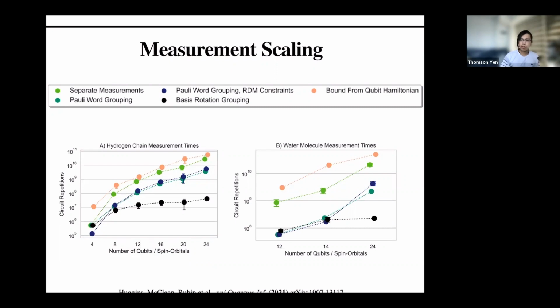But if you were to use VQE and use the most naive measurement scheme that we talked about earlier, on this graph they would be the green circles. That would need like 10 to the 9 circuit repetitions. So 10 to the 9 here, 10 to the 9 here, just to get one expectation value of the Hamiltonian.